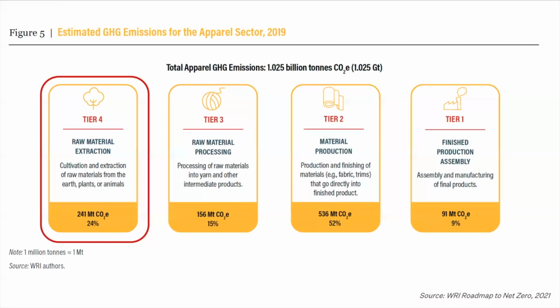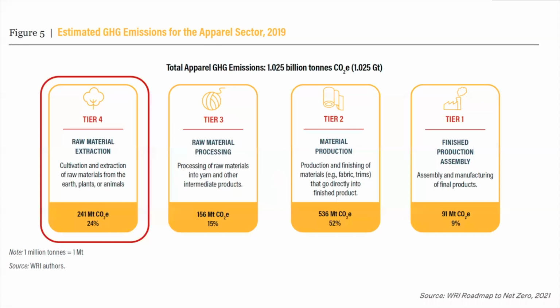And then when that yarn is knitted or woven into a fabric, that's material production, and that's tier 2. And that's actually, as you can see here, the greatest driver of greenhouse gas emissions across the supply chain for apparel and footwear companies.